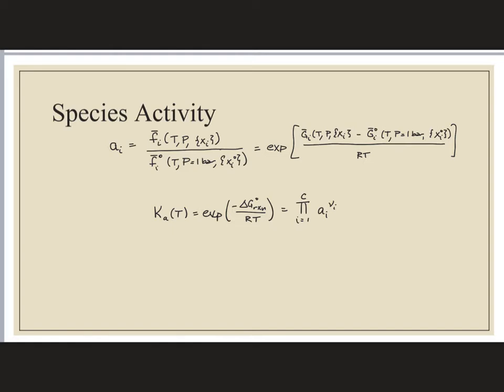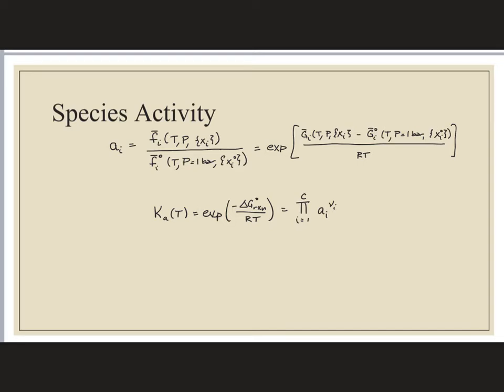By definition, this is the exponential of the difference between the Gibbs energy at the temperature, pressure, and molar composition and the Gibbs energy of the species in a mixture at the reference pressure and molar composition, all divided by RT.